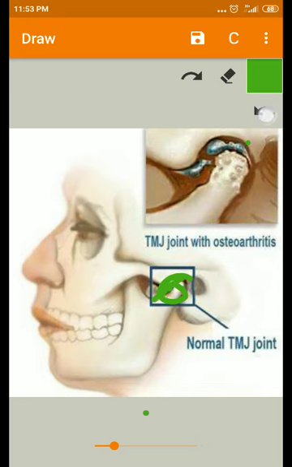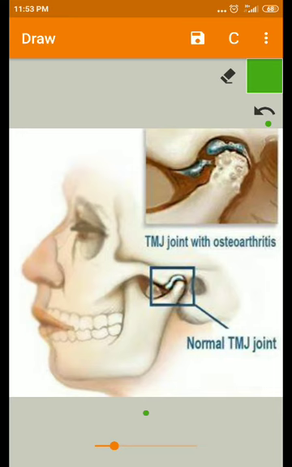Commonly, joint hypermobility may be a generalized connective tissue disorder. That means every joint in the body is affected, which includes the temporomandibular joint.